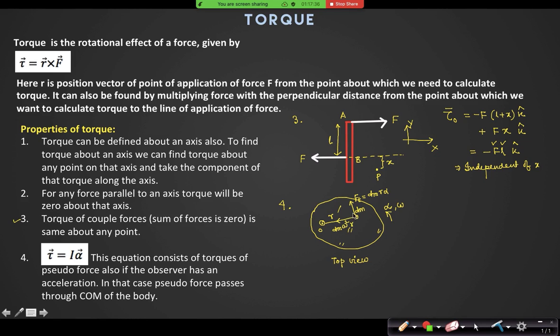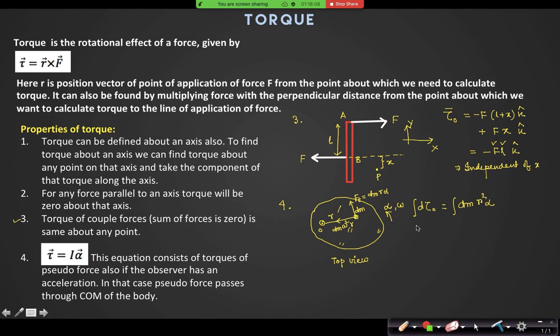So what is the torque of these forces about O? d tau is only due to the tangential force; the centripetal force will not give any torque. So it is r times dm r alpha, that is dm r square alpha, towards my nose. If I integrate this, can I get the total torque?